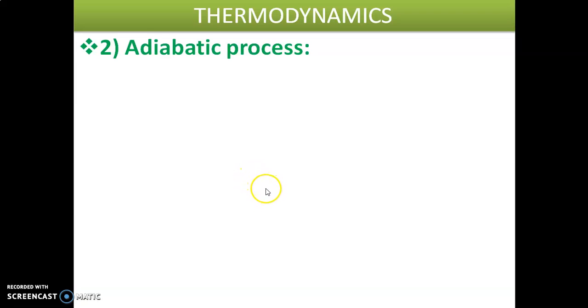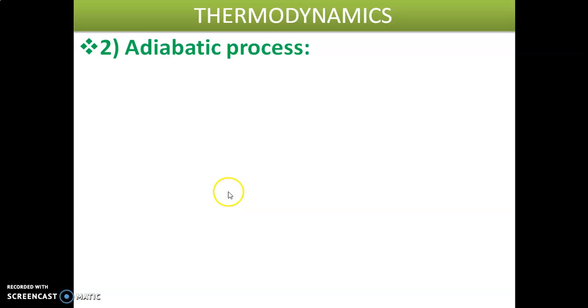Or we can define it in another way: in this process there is no exchange of heat between system and surrounding. So that is called the adiabatic process. The process in which the working substance neither receives nor gives out heat to its surroundings is also an adiabatic process.